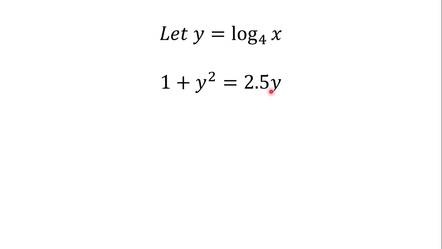Now let's focus on this side, 2.5y. I hope you all remember your standard form. Convert it from decimals to whole numbers. This 2.5 can be written as 25 over 10. If you want to convert to a whole number, just look at the number of decimal places involved, then multiply by 10 to the power of the number of decimal places.